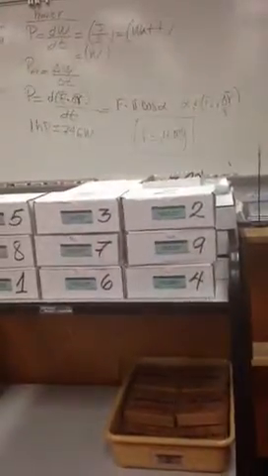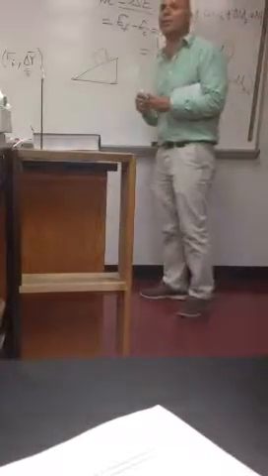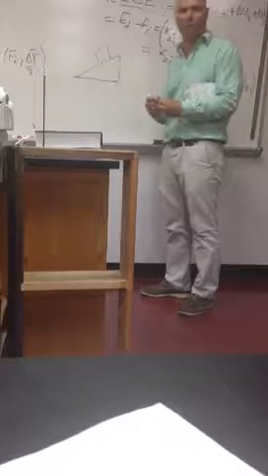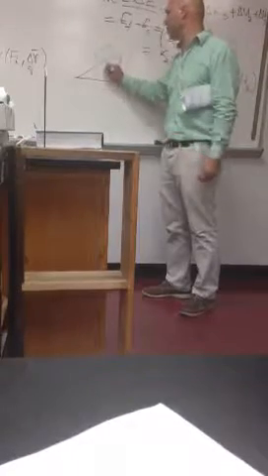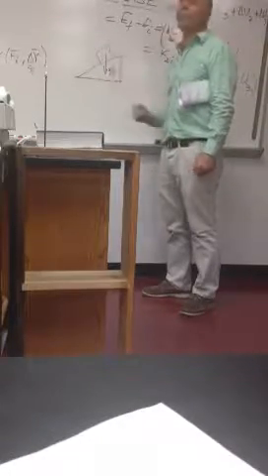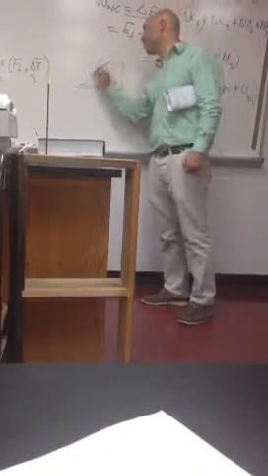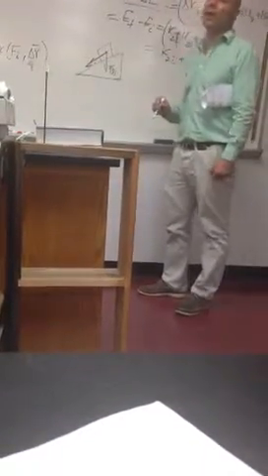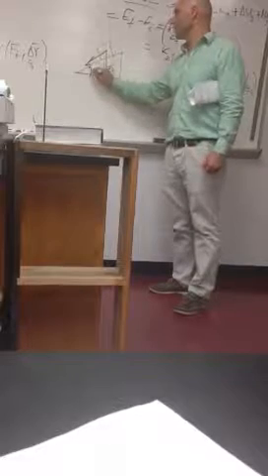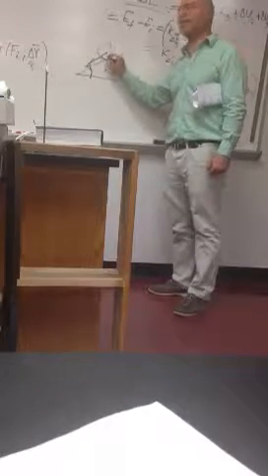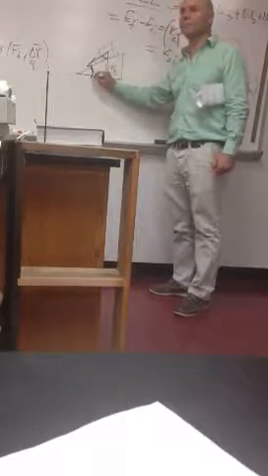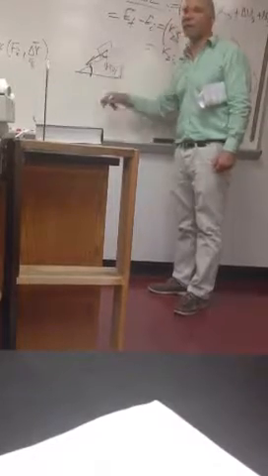We want the rate of doing work by which force? Gravitational. This is Fg, and this is the velocity or displacement. What is the angle between them? This angle is not given. The angle given is this one, and they are not the same angle.